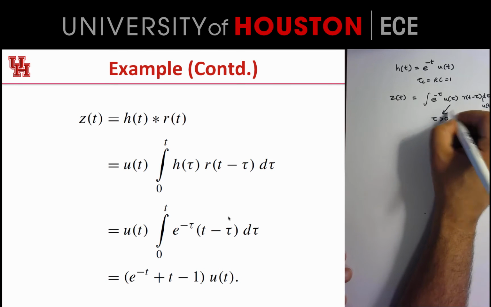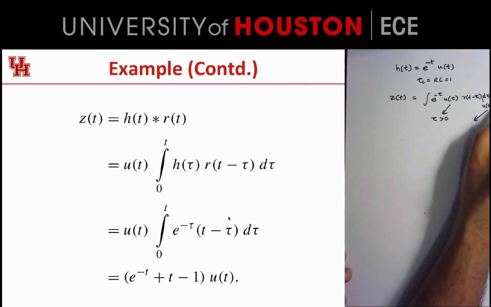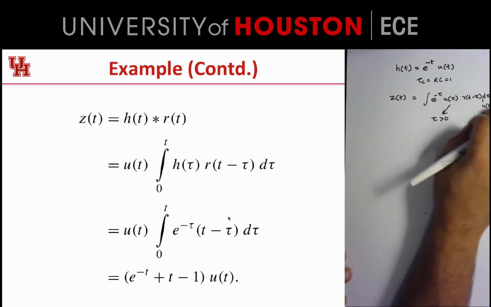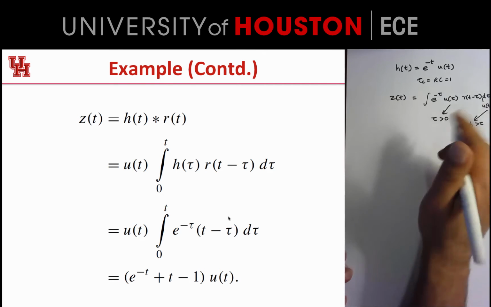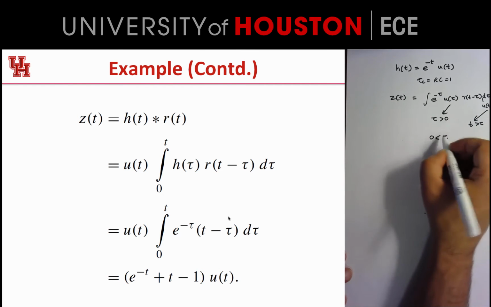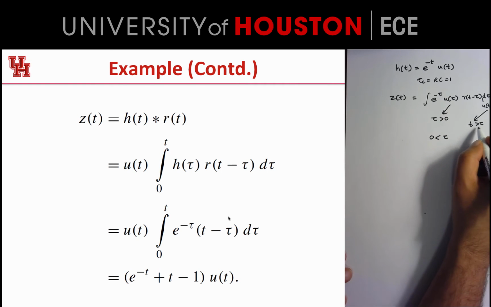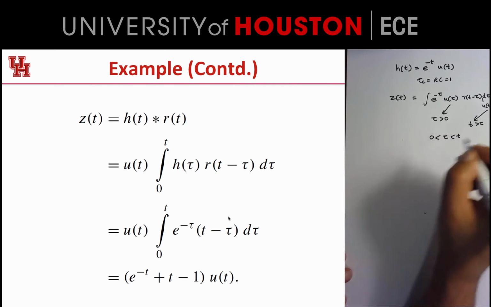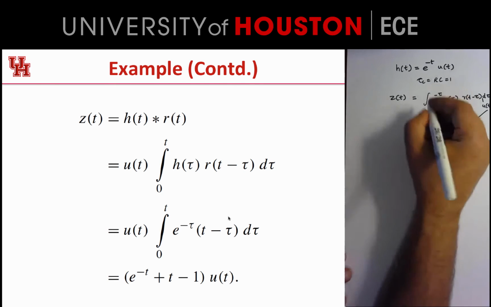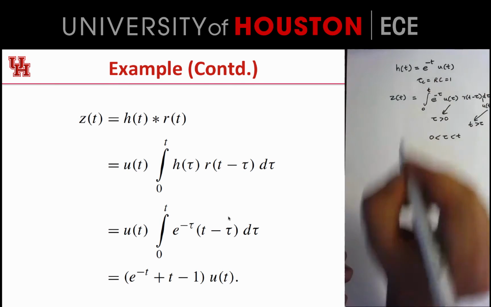If you look at this one here, it is a 1 when t is greater than tau. Now, for both these unit step functions to be a 1, we can see that it happens when tau is greater than 0, same thing as this, and tau is less than t. That means that this integration can go from 0 to t.